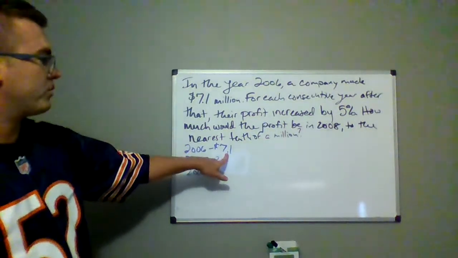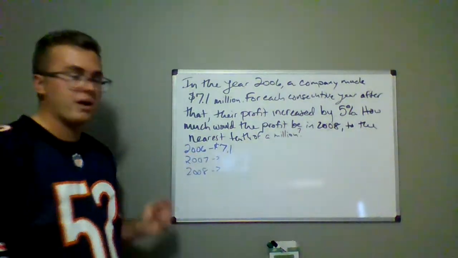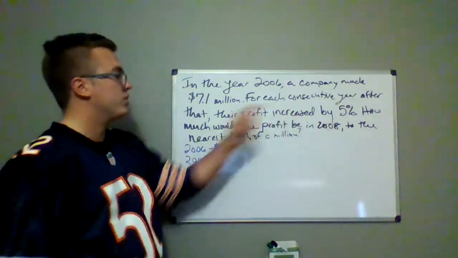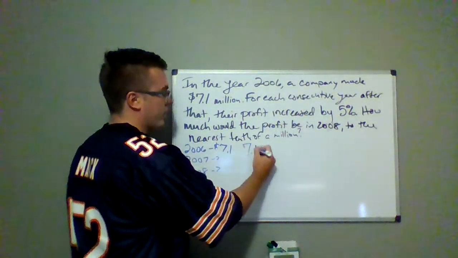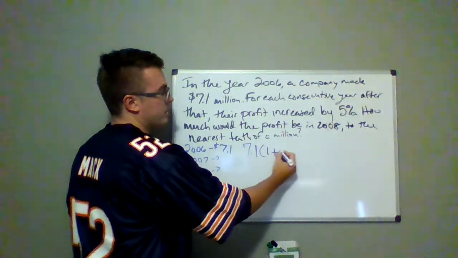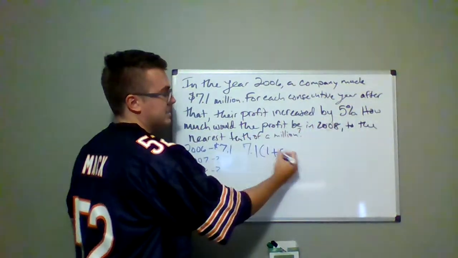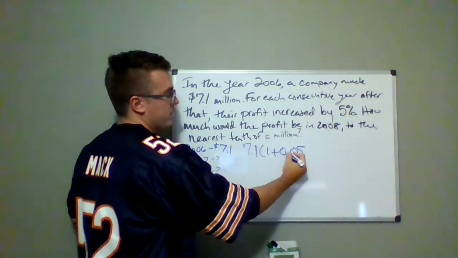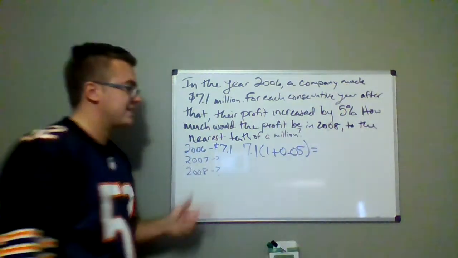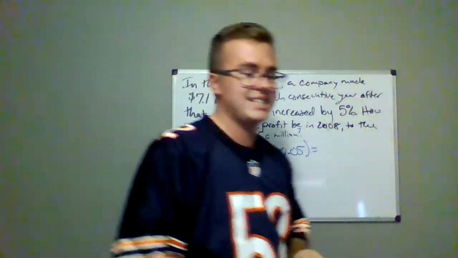So if we're starting with 7.1, that's our original amount, and we're going to use the percent increase. So I've got 7.1 times 1 plus 5% is 0.05 equals, and that's going to give us what we have in 2007.